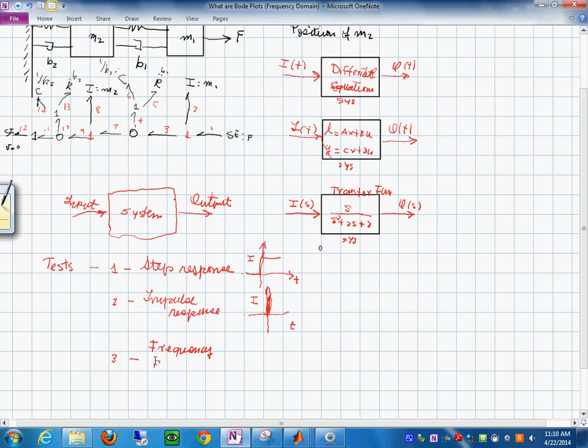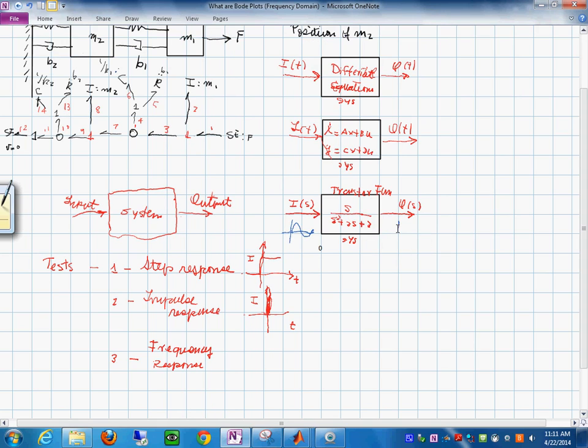I'm going to call frequency response. Now, what does frequency response mean? It means that I take this transfer function, and on the side of the input, I'm going to change colors here so that on this side, I just put an input signal that is, let's say, a sinusoidal function, yeah?